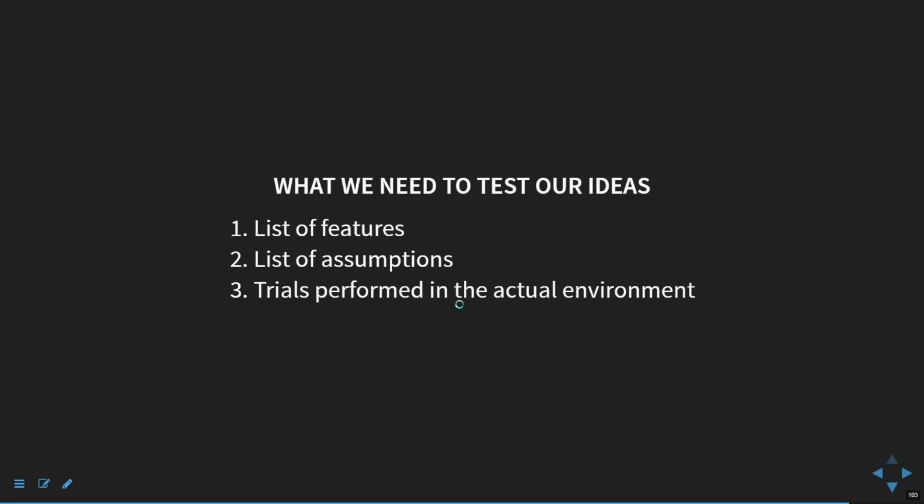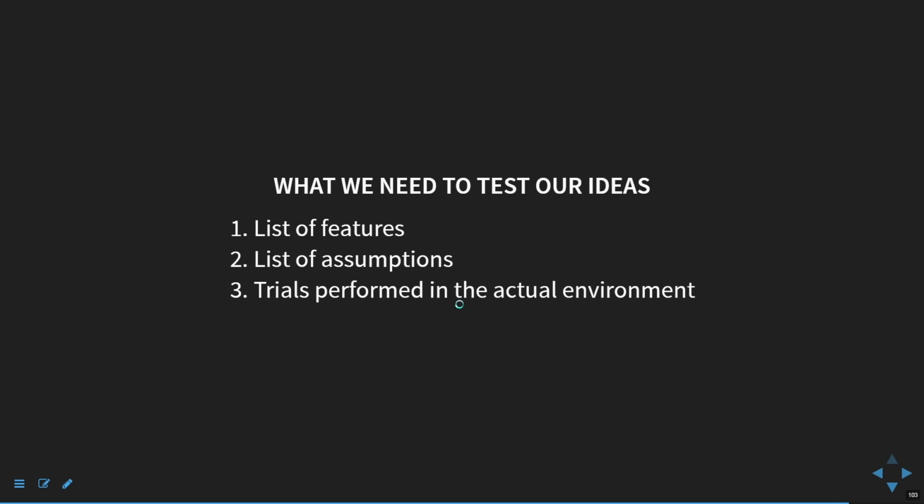The third one is that you actually perform these trials or tests in the actual environment in which your user or customer lives or uses your idea or needs help, and that's where you're going to take your idea. You can do your tests in lab conditions, in a controlled environment, but it has limited applicability.